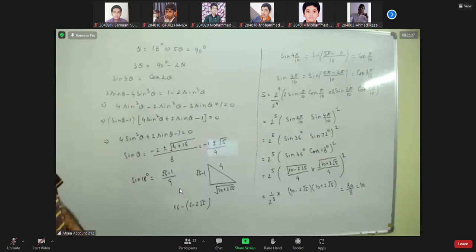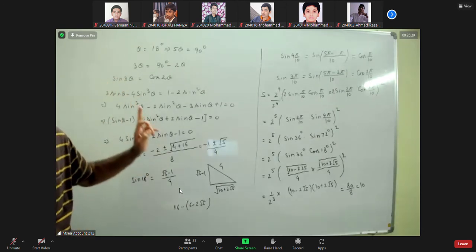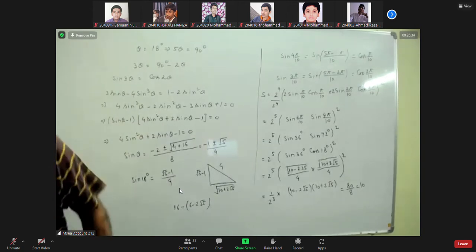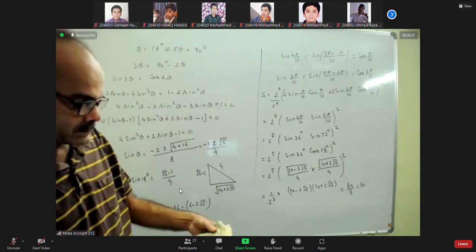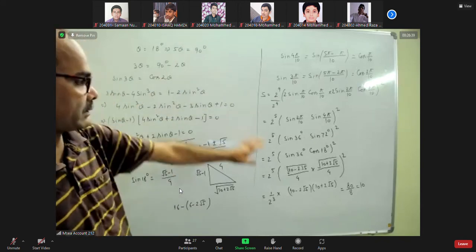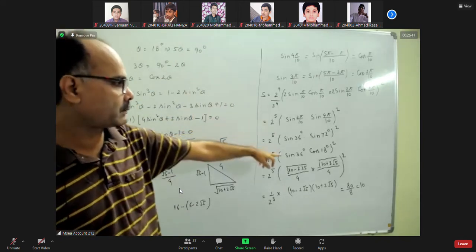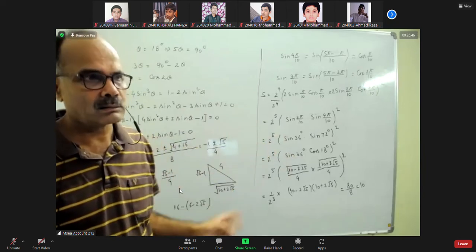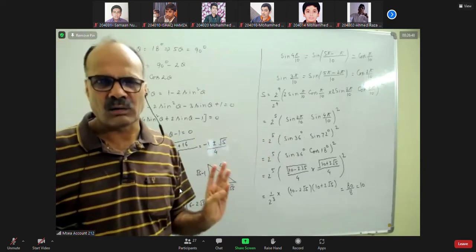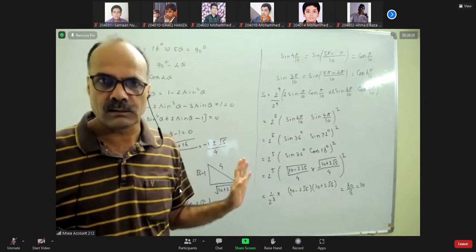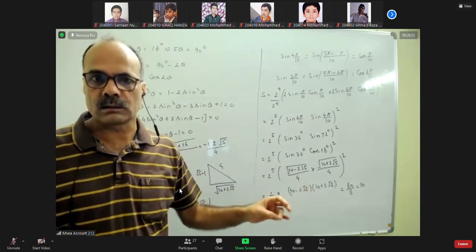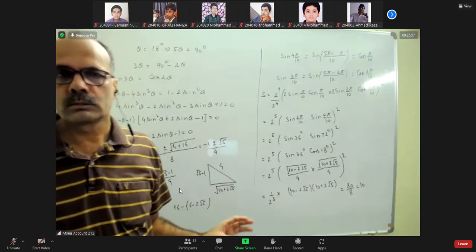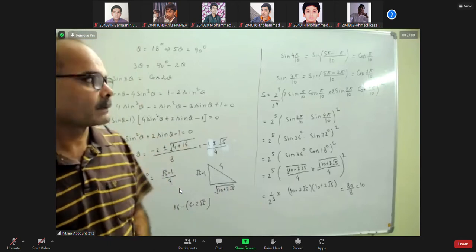But in this case, because this is previous year 2009, 2011 questions, you should know how to find the value of the angle. It is better to remember sine 15 degree and 18 degree, that's it. 36 we can find, since 36 is a multiple of 18. So sine 15 degree and 18 degree, these two.